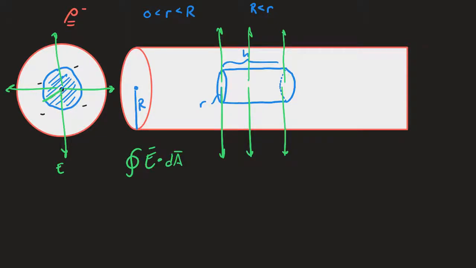It's just that it's inside and outside, which suggests that when I consider the flux, I think I can break my flux up into the same three integrals as I did yesterday. So we'll take the circle away and have E dot dA for the top plus E dot dA for the bottom plus E dot dA for the sides.